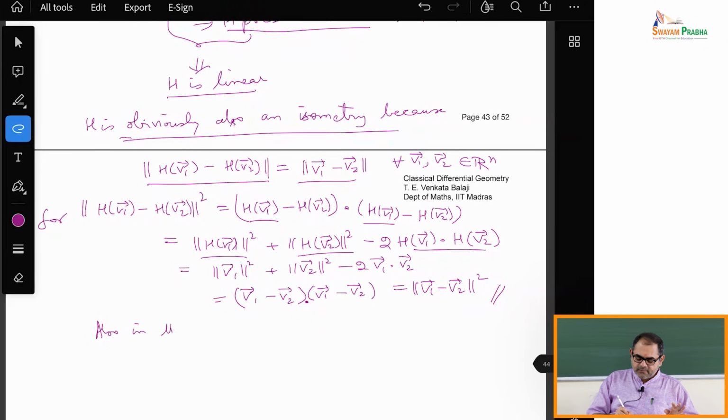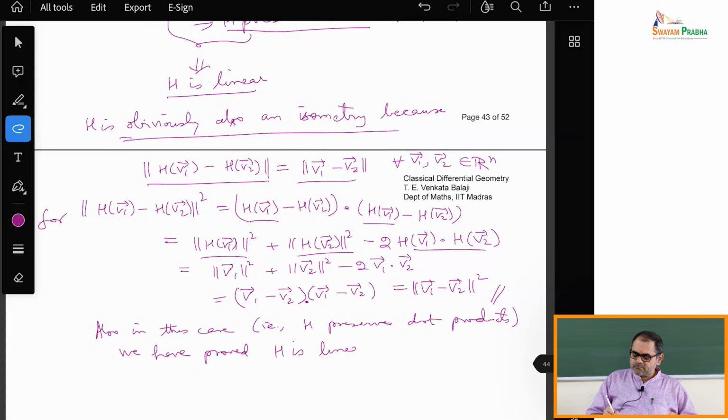Okay, that also we have proved. Also in this case, that is H preserves dot products, we have proved H is linear.